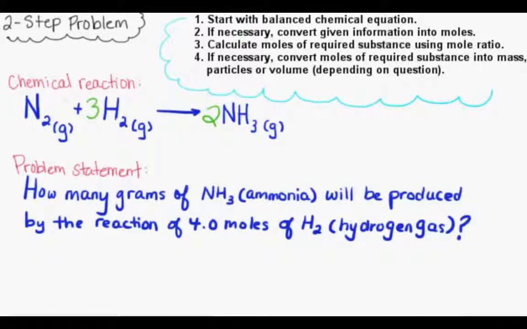In this statement, they are telling us that there are 4.0 moles of hydrogen gas, so that means that hydrogen gas is our given substance. Secondly, this statement will be asking for some quantity of another substance from the reaction. In this case, it's stating how many grams of ammonia.